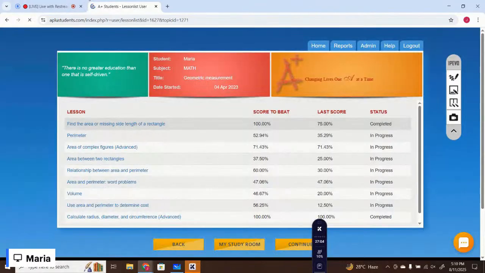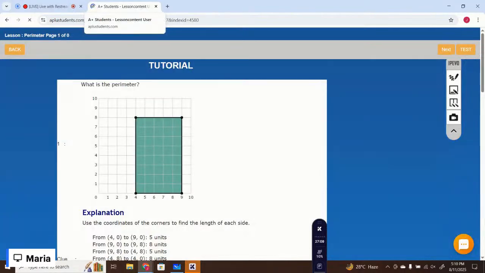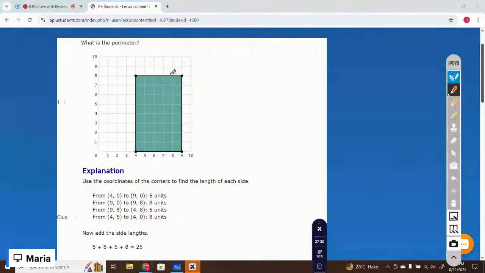The next lesson is perimeter. What is the perimeter? So we need to find the side lengths also. 1, 2, 3, 4, 5. That is 5.